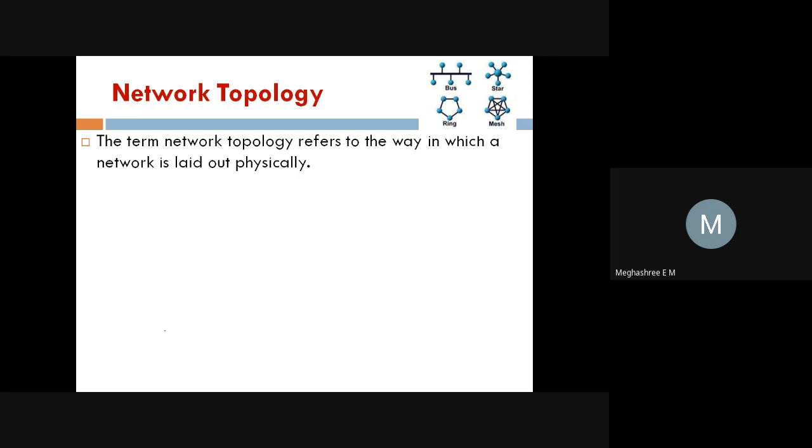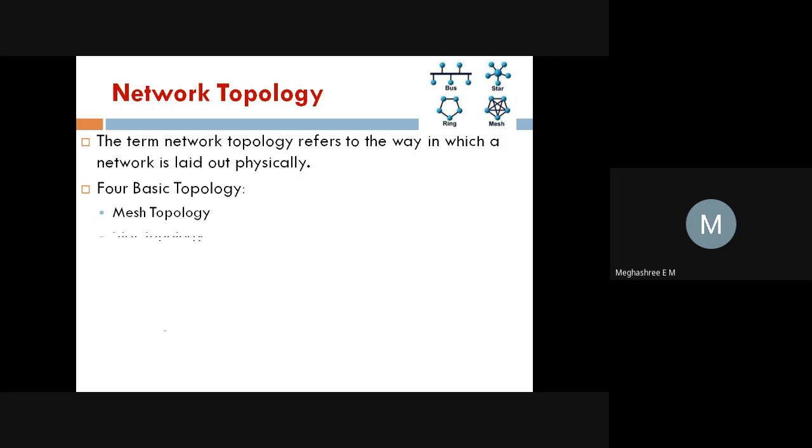What does it mean? How the devices are connected with the help of links, that we call a network topology. Another way you can represent it is as a geometric representation of the relationship of all the links and the linking devices to one another. There are four basic topologies followed.